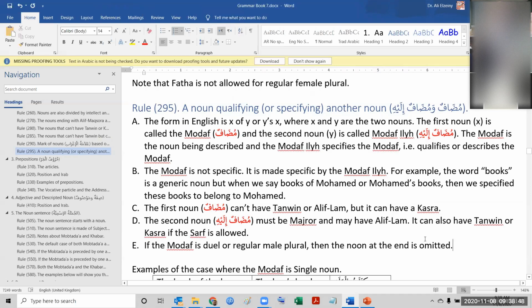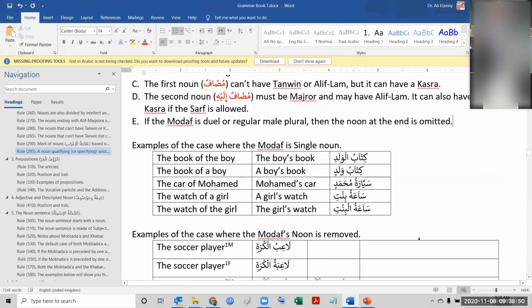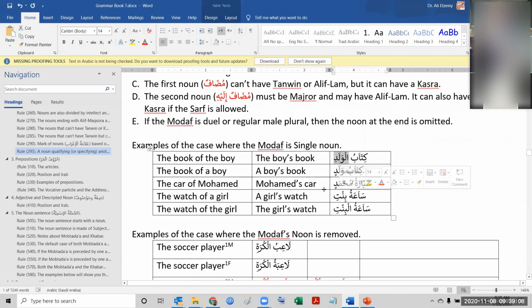Now let's look at the examples. The book of the boy, or the boy's book. In English, we say it both ways, right? In Arabic, we just say it one way. Say kitabu, the book, al-walad is the boy.